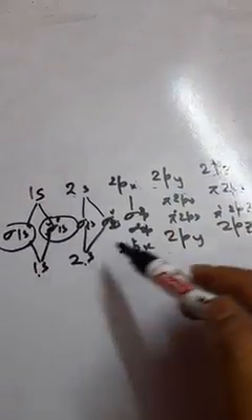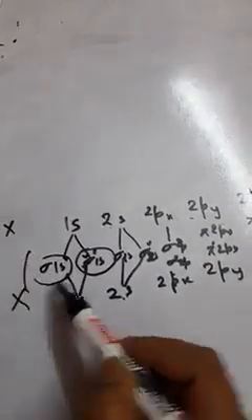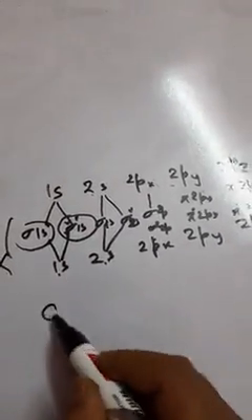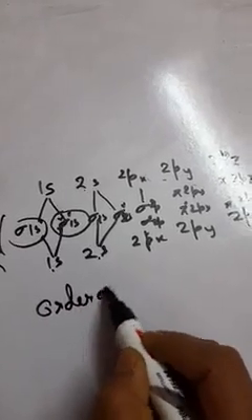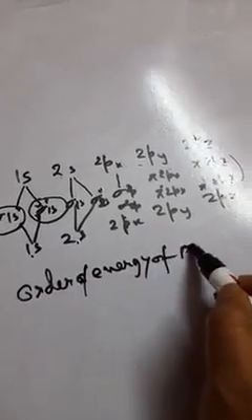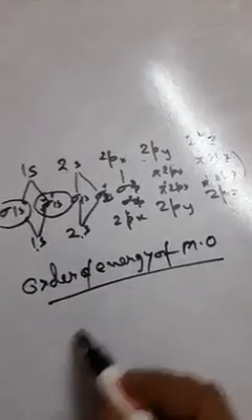Now all these molecular orbitals which we have got have certain energy, and the order of energy of MO is like this.